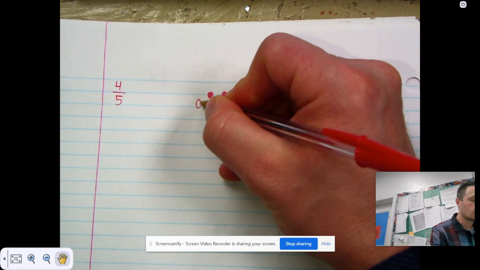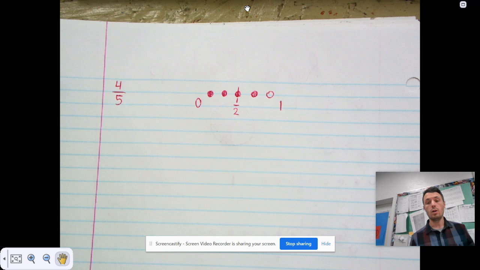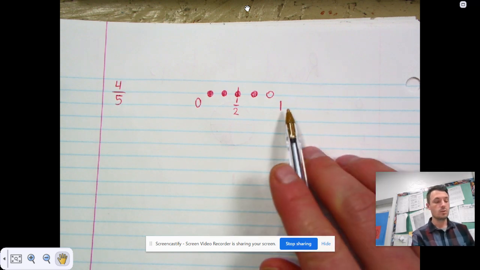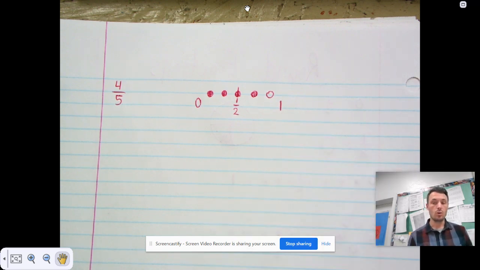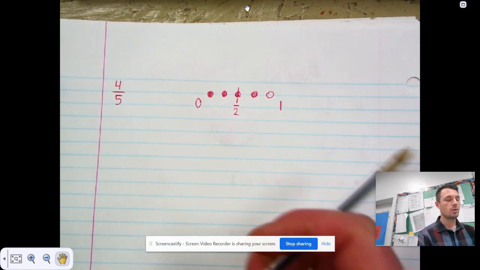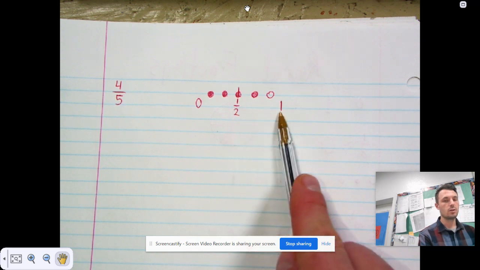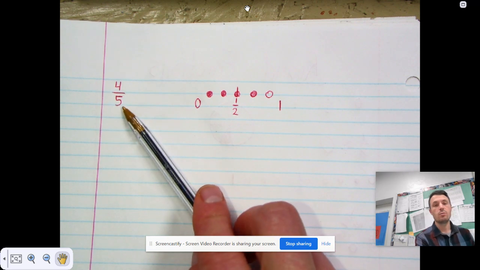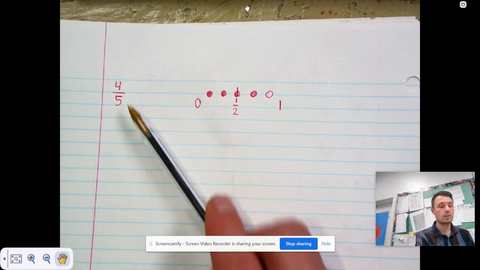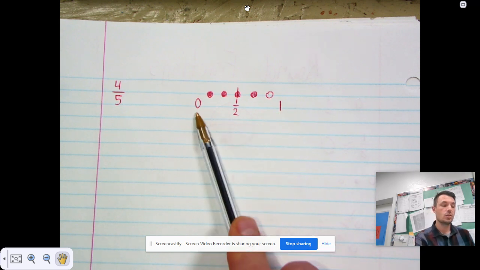0 of the marbles being colored in would be here, and all of the marbles, or the whole bunch of the marbles, that's one whole, all of them taken as a whole together being colored in would be right here. So is 4/5 closer to 0? Is it closer to 1/2? Or is it closer to 1? We could say 4/5 of the marbles being colored in is a lot closer to all the marbles being colored in than it is to 0 of the marbles being colored in.